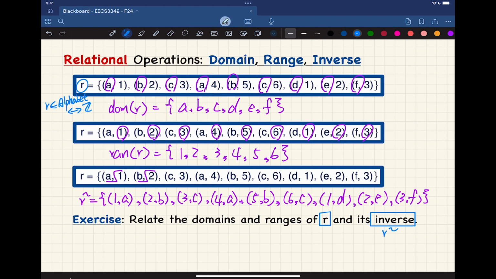So we talk about the domain of R, the range of R. We also talk about the domain of R inverse and also the range of R inverse. These four, how do we relate them with each other? Based on what we knew over here.